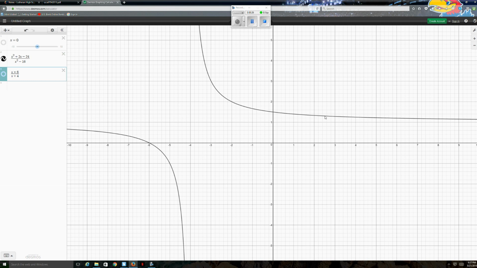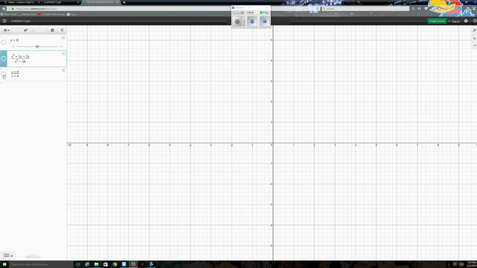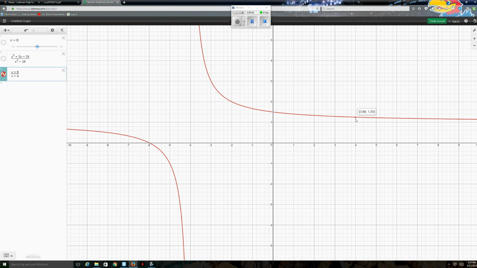But let's do a little bit of investigation here. Let's go to 4. Hopefully you saw it flash through there. Notice on the black graph, 4 is undefined. Okay, I want to take the black graph away and I'm going to put the red graph in. But with the red graph at 4, we get 1.25.